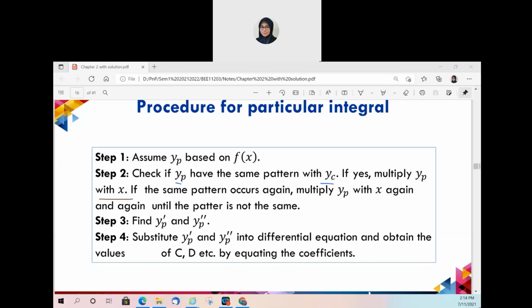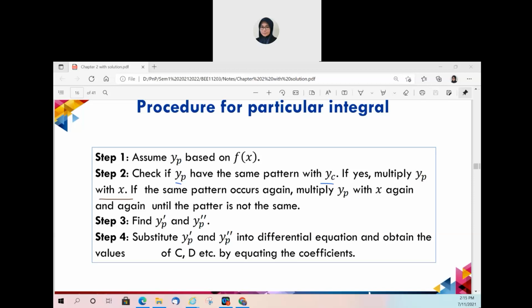Then you compare again with yc. If you still have the same pattern, then you have to multiply yp by x again, until yp is not equal to yc, the pattern is not the same. Then you stop, and the last yp that you stop at will be your yp.